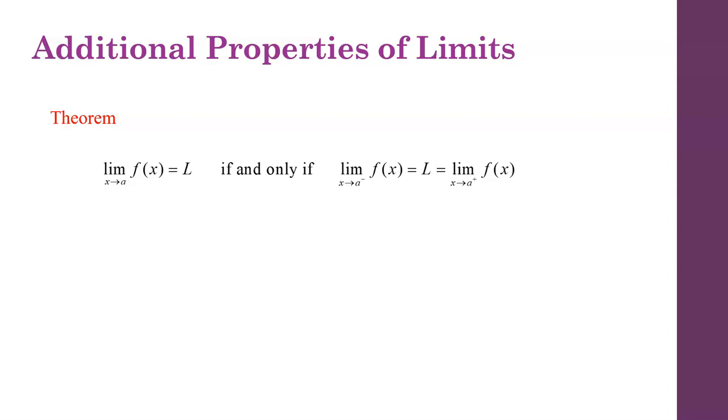So numbers that are slightly smaller than a and numbers that are slightly bigger than a should give me the same answer for me to say the value of the limit is equal to L.